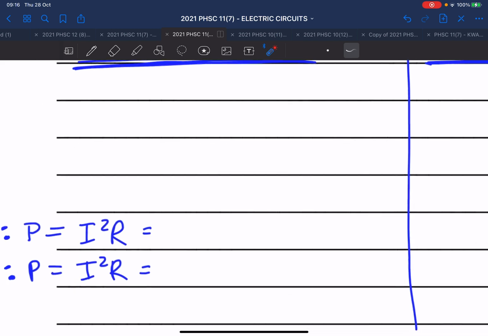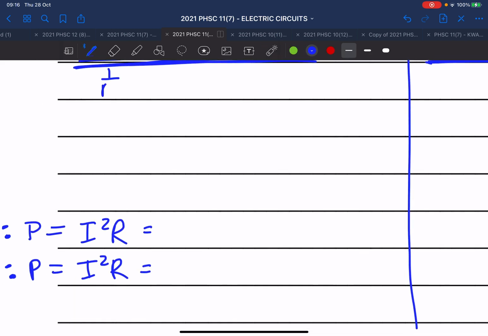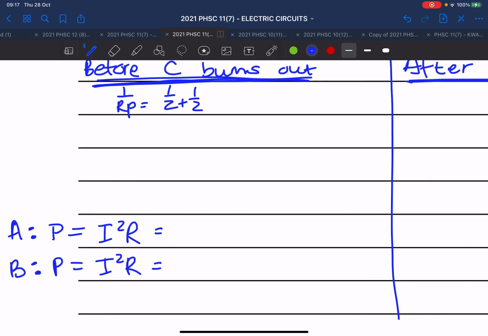So a lot of calculations. So 1 over R parallel is 1 over 2 plus 1 over 2. That gives you 2 over 2. So if I swap them around, it's again 2 over 2. So R parallel is 1 ohm.